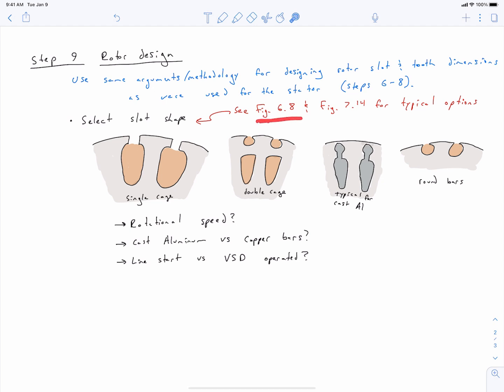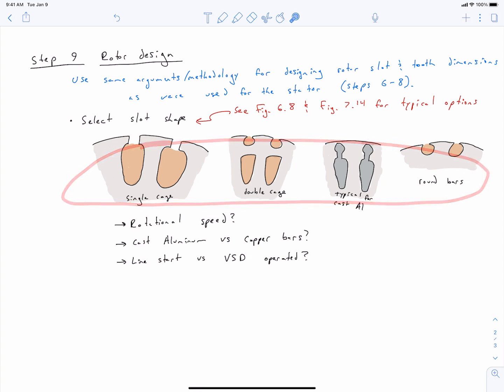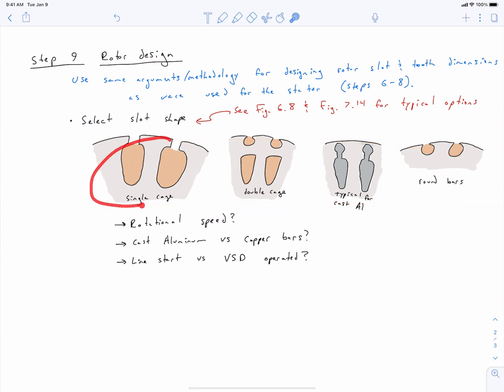Figures 6.8 and 7.14 of your textbook present several different and common options for rotor slot shapes. I've sketched some of the salient topologies here in this figure. Moving left to right, on the left side we've got what's typically called a single cage. This is the generic type of rotor slot shape for a cage rotor induction motor.